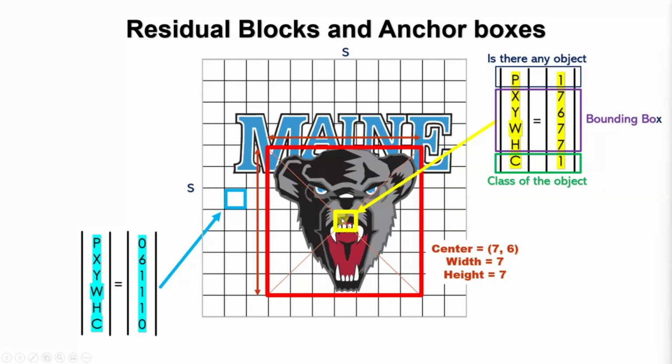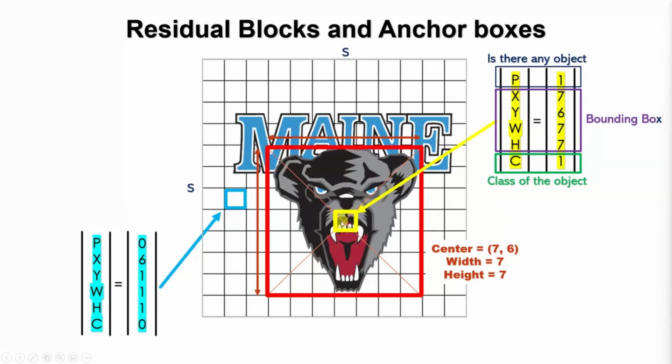The x, y is the center of the bounding box. w and h are the width and the height of the bounding box. Whereas this p gives us the confidence or probability that an object is present at this x, y coordinate. And c is the classification probability of this black bear.